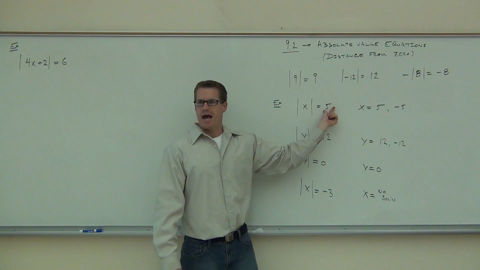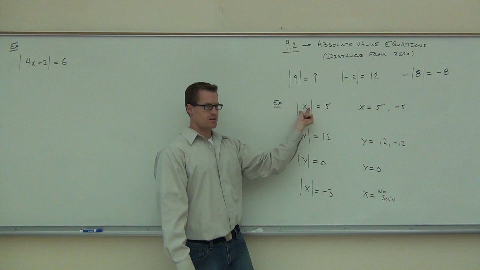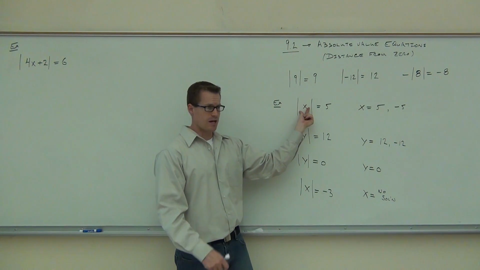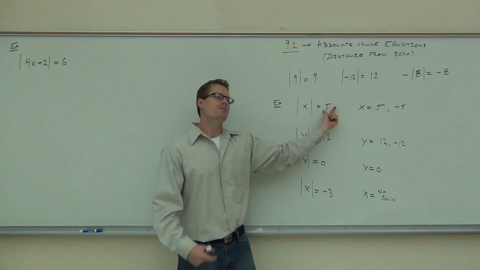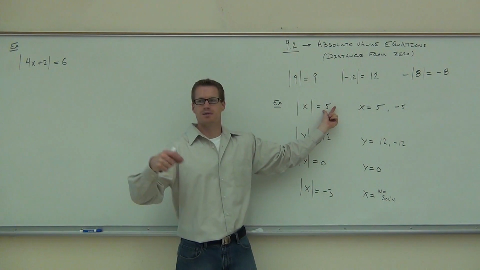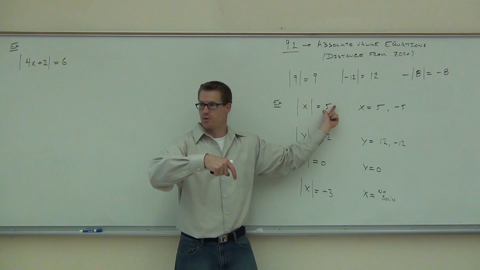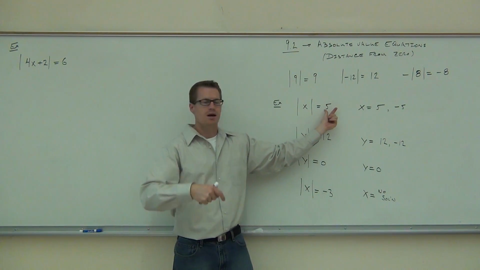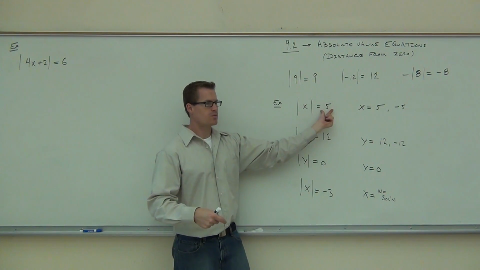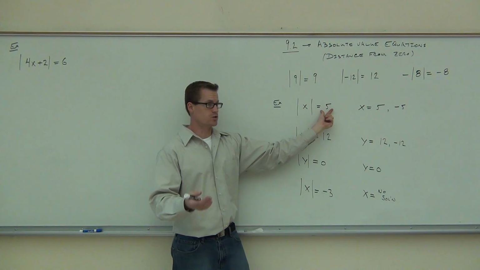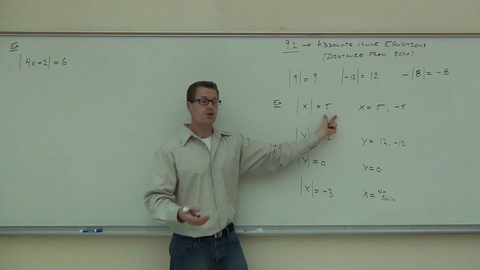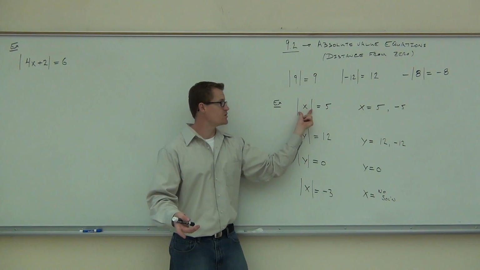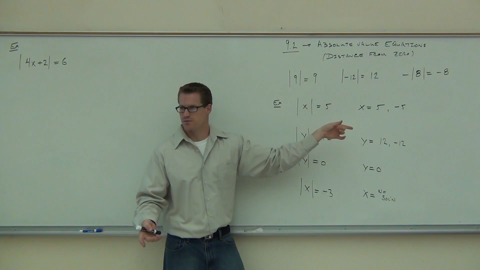However, if the inside of this, notice how I'm saying the inside of this rather than just x, if the inside equaled the negative of this number, it wouldn't matter because the absolute value will make it positive, therefore it would equal that number. I'll say it one more time so you really get it. If the inside equals this number, you're good. Absolute value wouldn't change it. If the inside equals the negative of this number, you're also good, because this would change that negative into the positive. You with me?